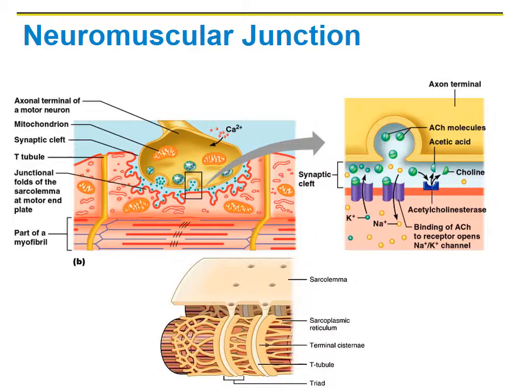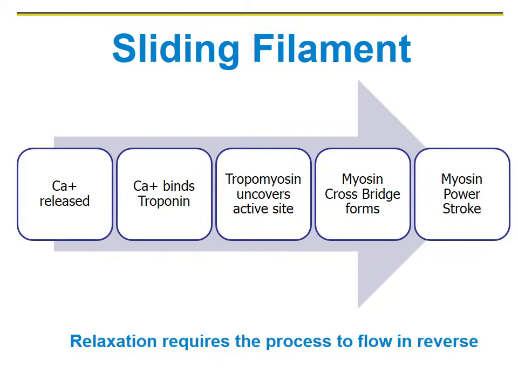Once the action potential is in the T-tubule, it will trigger calcium release from the sarcoplasmic reticulum. When calcium is released from the sarcoplasmic reticulum, it flows into the sarcoplasm and binds to troponin.